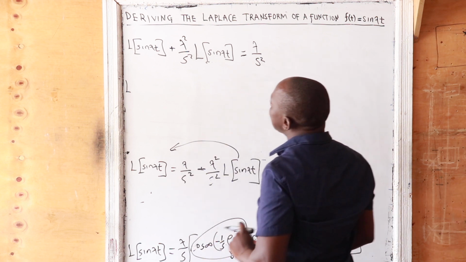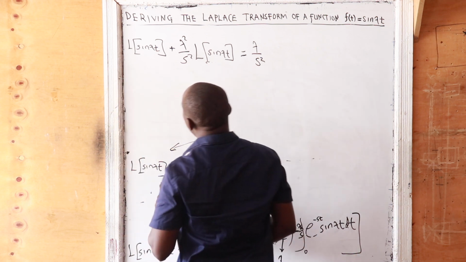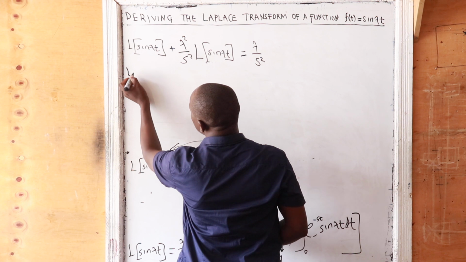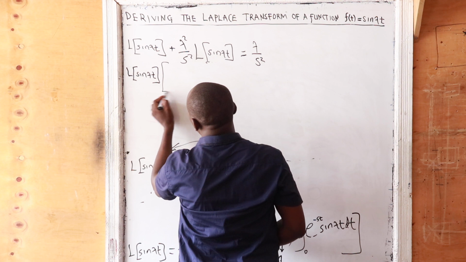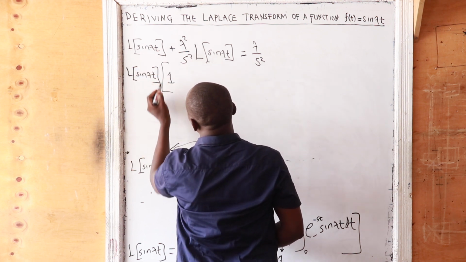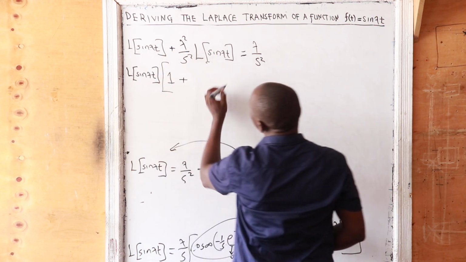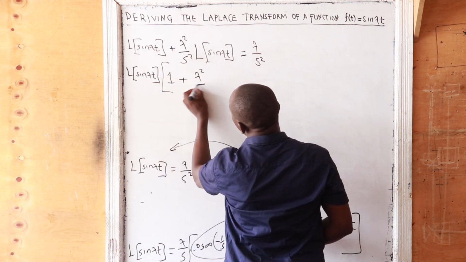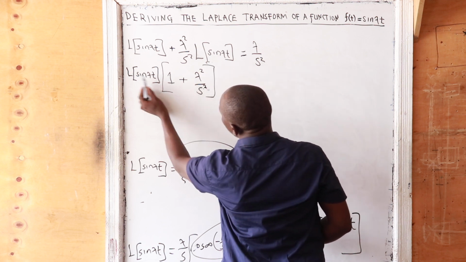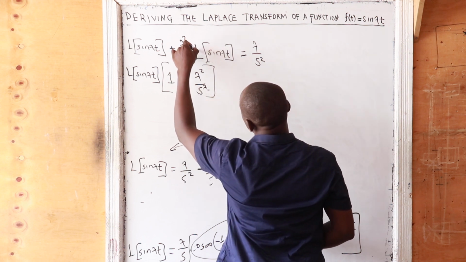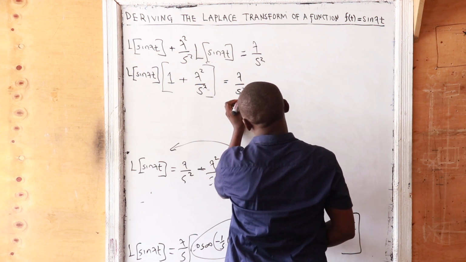Now let's factor out the Laplace transform of sine lambda t. When you factor it out, you remain with 1 in the first term, and here you are going to remain with lambda squared over s squared, so that when you multiply, you get this term equal to lambda all over s squared.